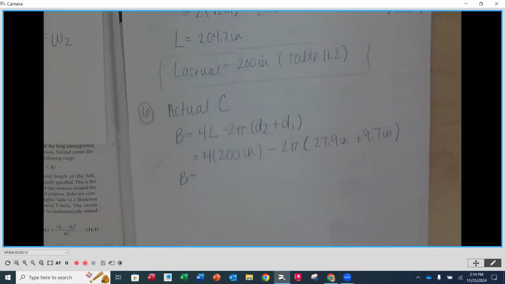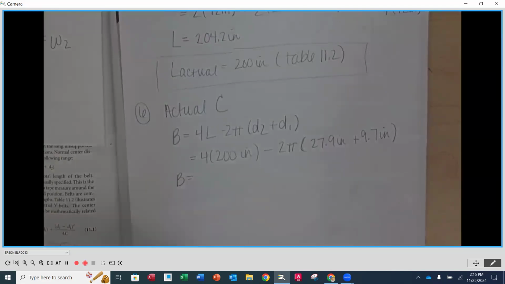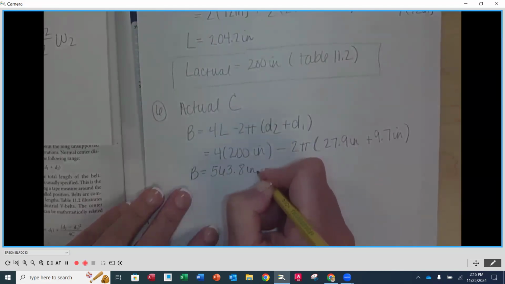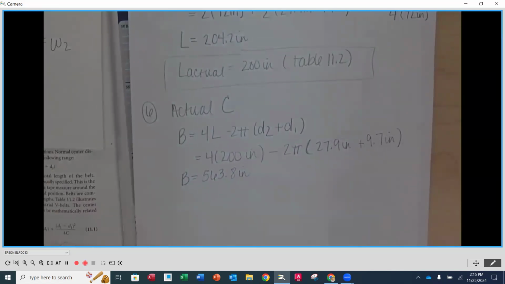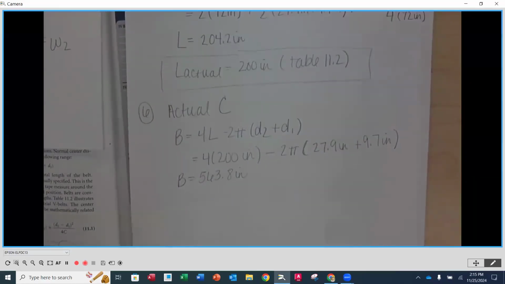So our B value, you get 563.8. That would be inches.